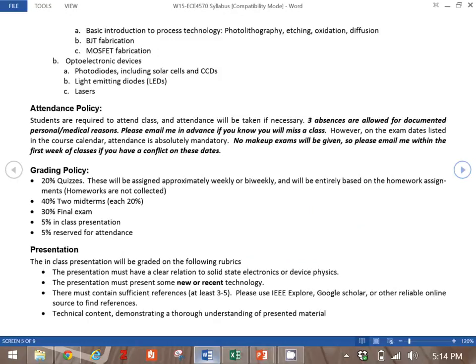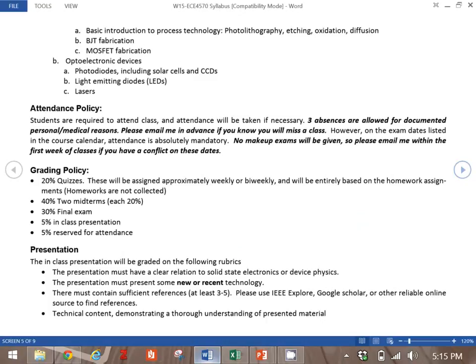5% of the class grade is for the in-class presentation. 5% of the class grade is reserved for attendance and participation. So it's both. Students who attend all the classes and participate often, almost every day, will receive a 5.